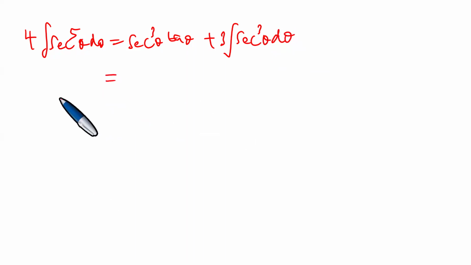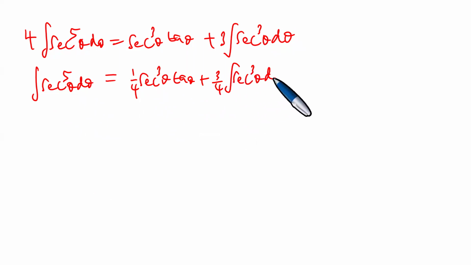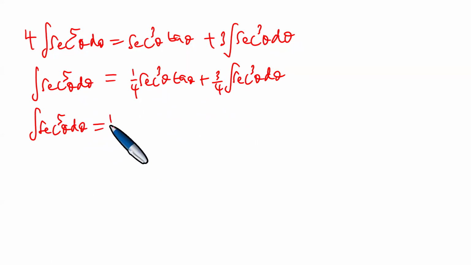So in the end you have the following. This is the integral of the secant to the 5th power, which is 1/4 the secant cubed theta tan theta plus 3 out of 4 the integral of the secant cubed d theta, which equals 1/4 the secant cubed theta tan theta plus 3 out of 4.